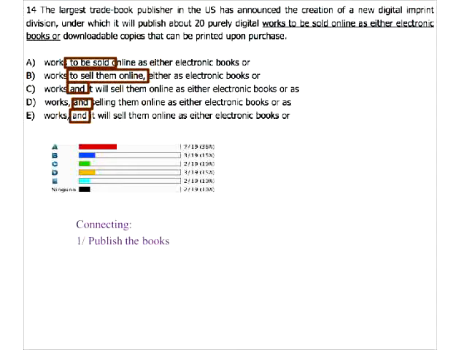And then number two, sell the books. So will it publish in order to sell? In other words, these are not independent, so you would want to use a modifier. Or are they going to publish and also sell? In other words, viewed as independent.